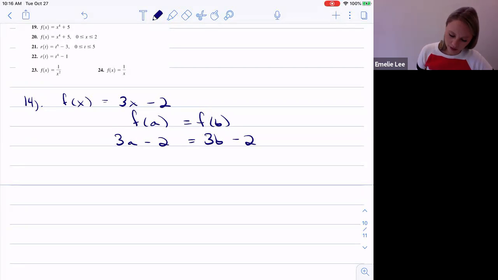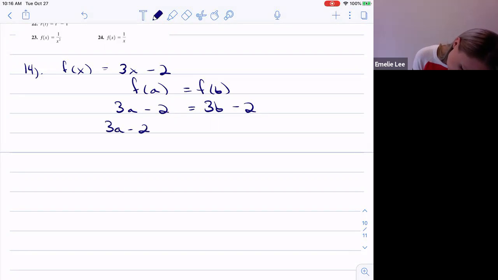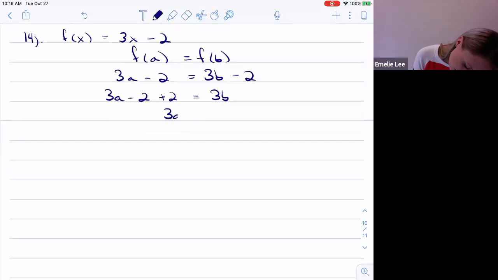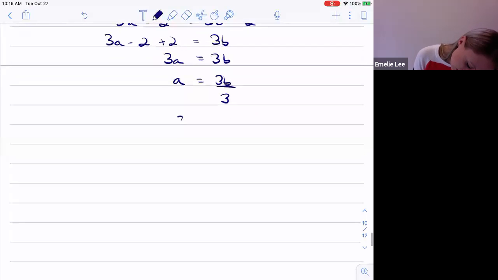All right, so now I'm going to simplify some stuff here. I'm going to add 2 to both sides, so that goes away. 3a is equal to 3b, so a is equal to 3b divided by 3, so a is equal to b.